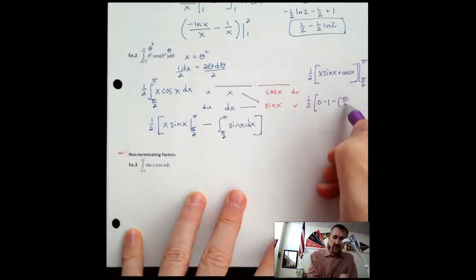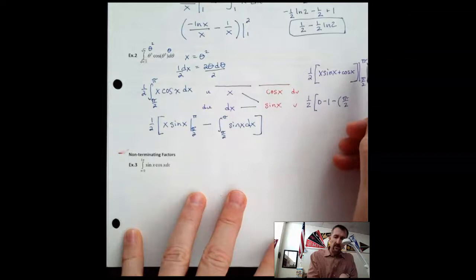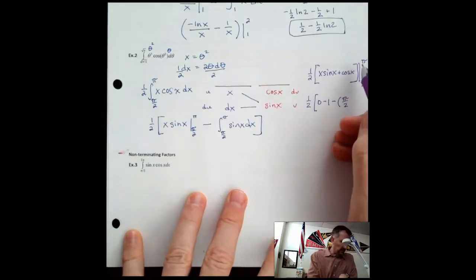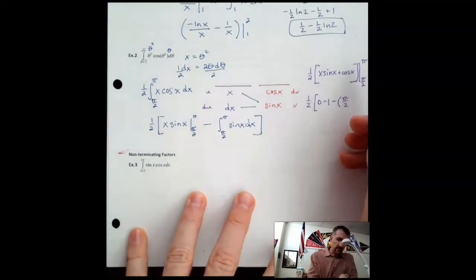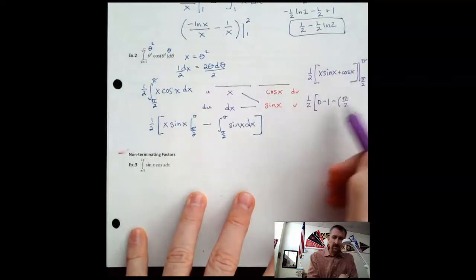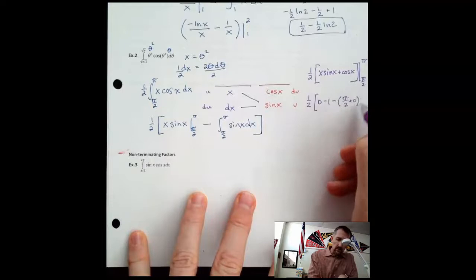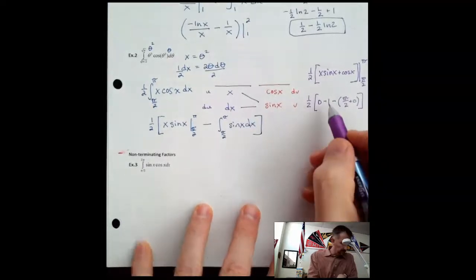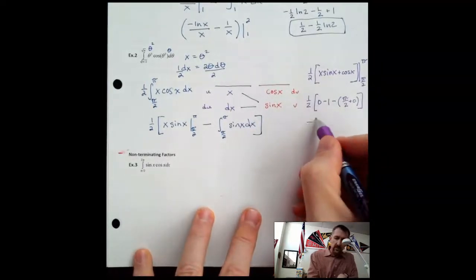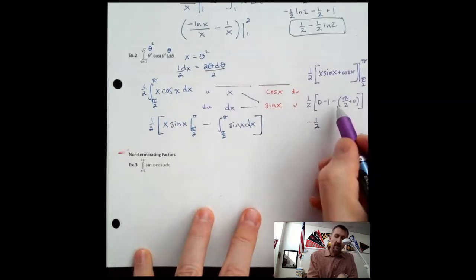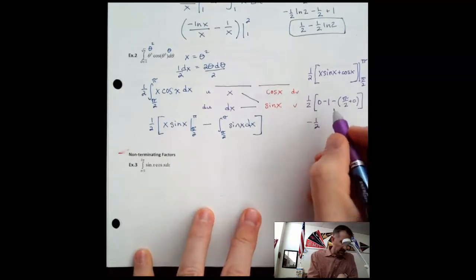So that's going to be pi over 2. And then, oh, hold on a second. Yeah, we plug pi into both those, and now we're plugging pi over 2 into both these. So that's 0 here. Alright, so this is going to be -1/2, and this is going to be negative pi over 4.